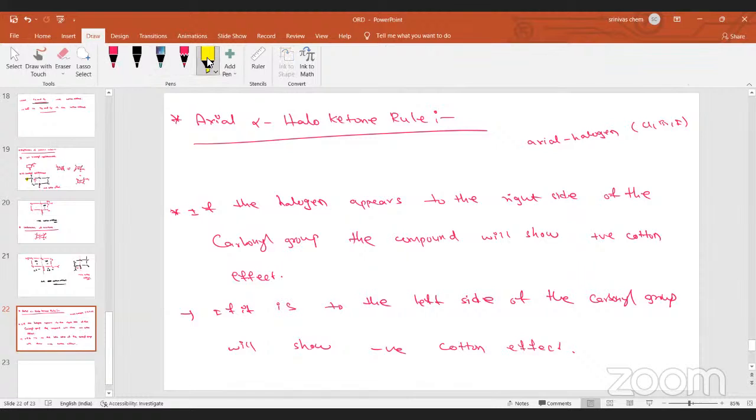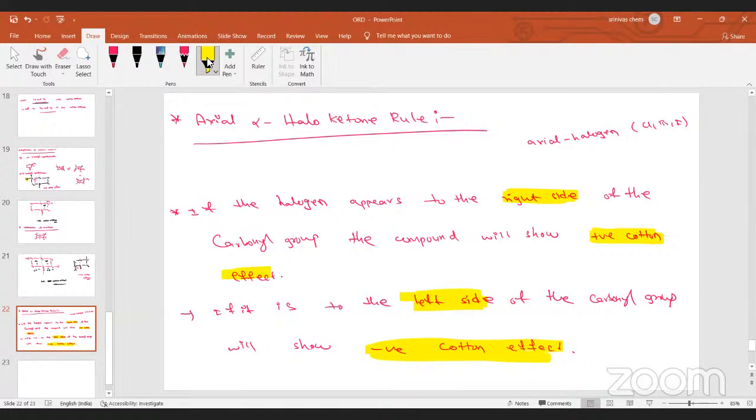So if the halogen is on the right side of the carbonyl group, it shows the positive Cotton effect, and if it is on the left side of the carbonyl group, it will show a negative Cotton effect.